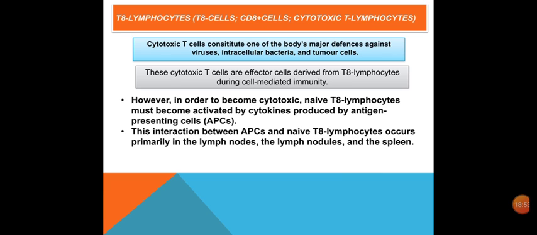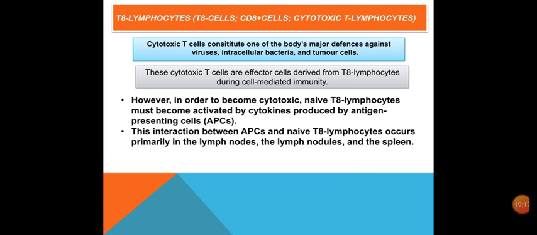T8 lymphocytes, or CD8 cells, or cytotoxic T lymphocytes. Cytotoxic T cells constitute one of the body's major defenses against viruses, intracellular bacteria, and tumor cells. These cytotoxic T cells are effector cells derived from T8 lymphocytes during cell-mediated immunity.